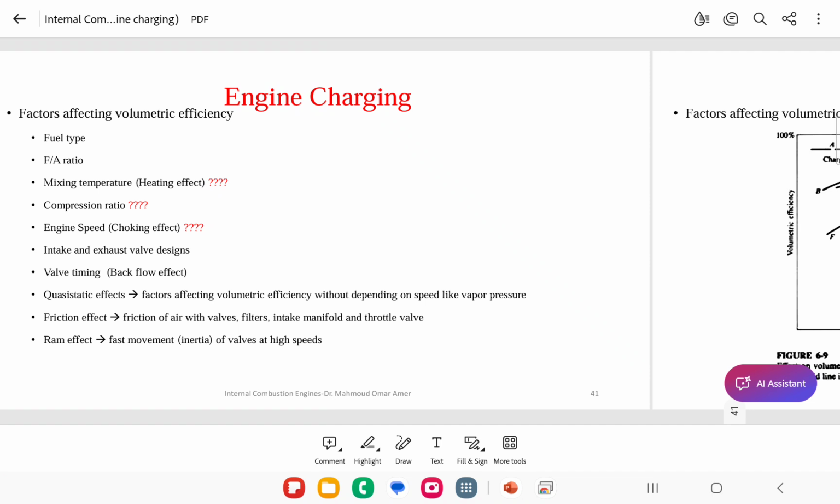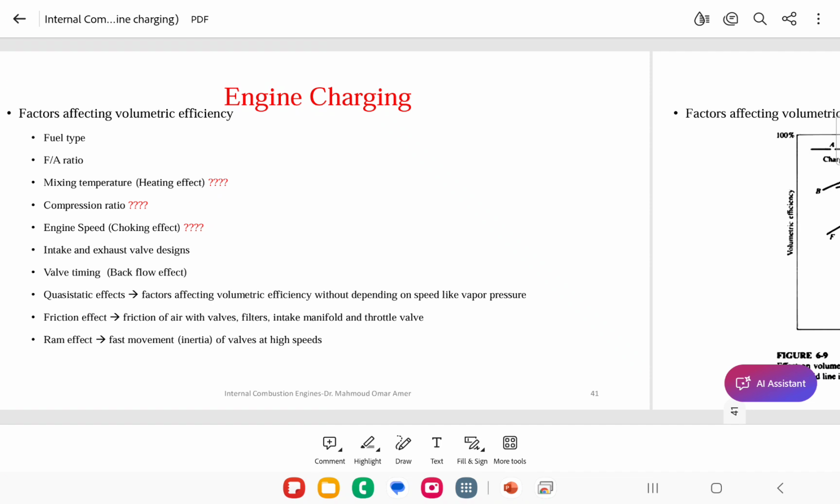Okay, ram effect, which is due to the fast movement of the valves at high speeds, affects the engine charging. At very high speeds, how does the valve open and close? The cam pushes down against the spring, and when the cam leaves the valve, the spring pushes it back.